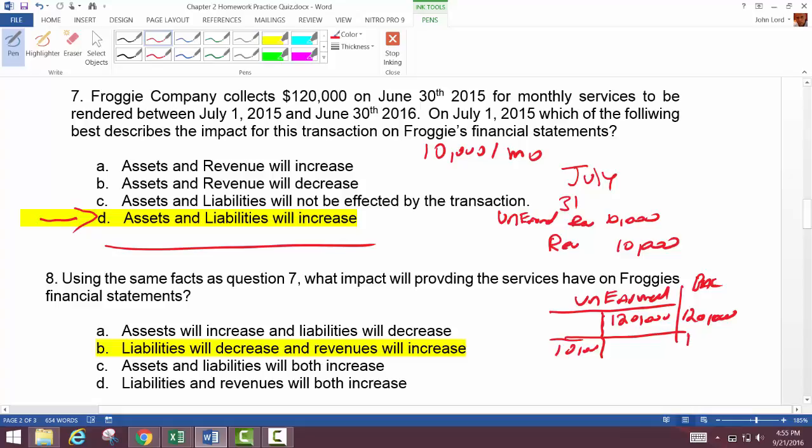So there's $110,000 left in the unearned revenue account now. How many more months of service do I have to give them now? I have to give them 11 more months of service. 110,000 divided by the 11 months I have left still comes out to the 10,000 a month that I'm going to be providing, right? That was 1 month. Okay.